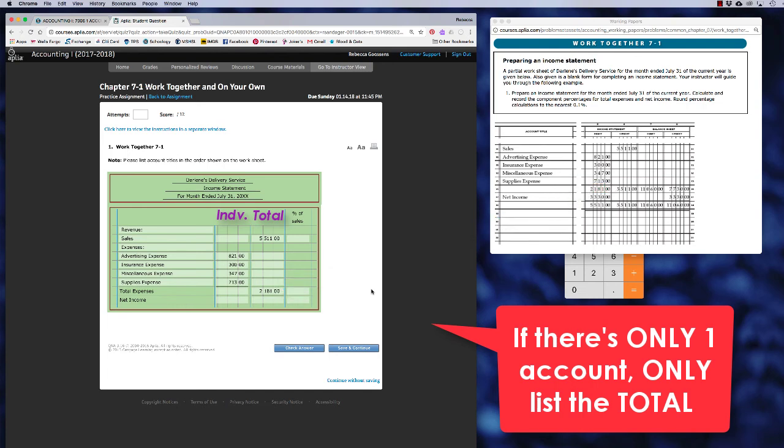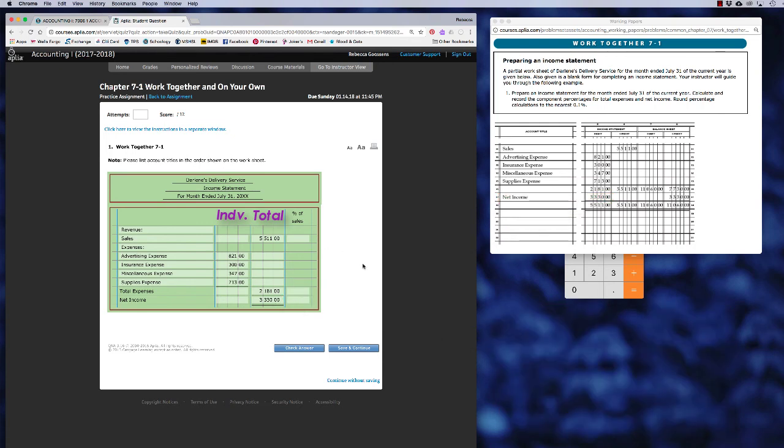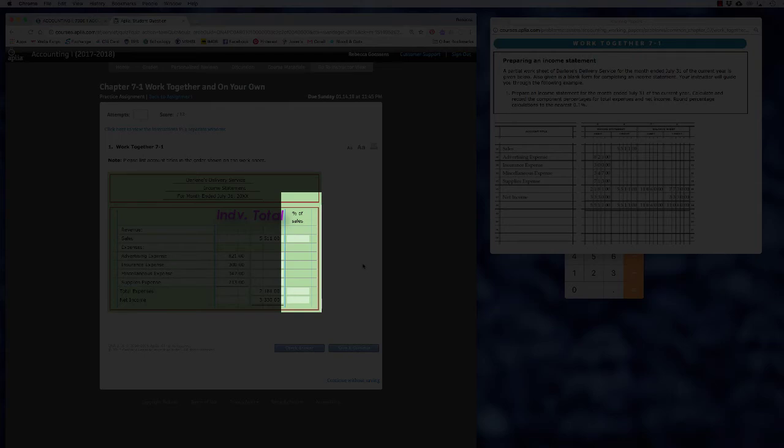The last thing I have left to do on that worksheet is net income. If it's only one, it goes directly to the totals column. So I only have one net income. I'm going to drop the net income into the total column. My net income is $3,330. And I've got everything filled out except for my component percentage of sales.